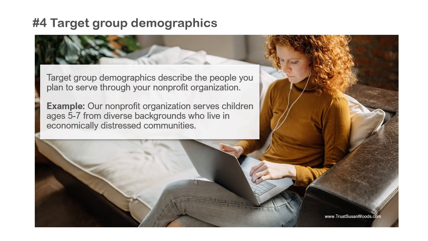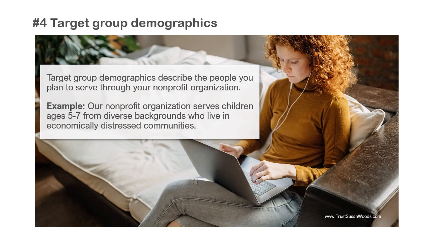That's just an example. If we were to go back to the veterans example, we could say the target group would be veterans who are displaced, who are living with PTSD. And you could say they are from diverse backgrounds. You can say they are ages 35 and over, but you want to be clear on who you plan to target, because in order to serve people accurately, you have to be able to design programs around that particular target group demographic.